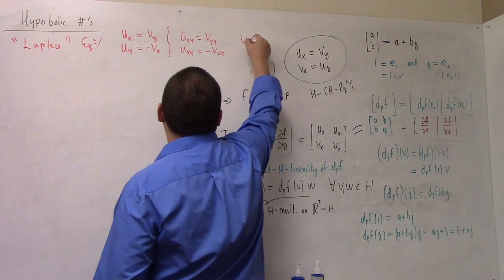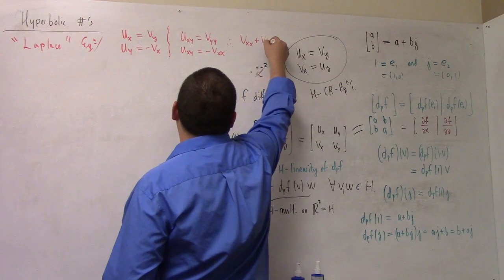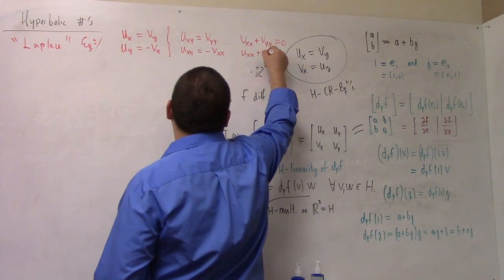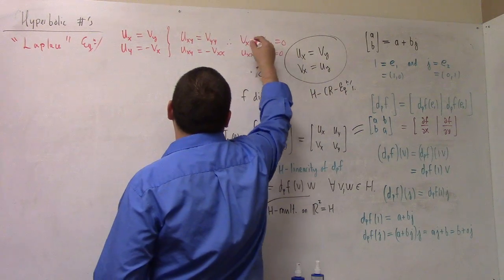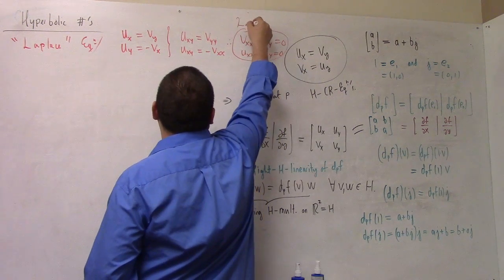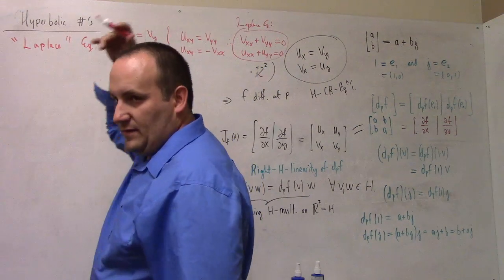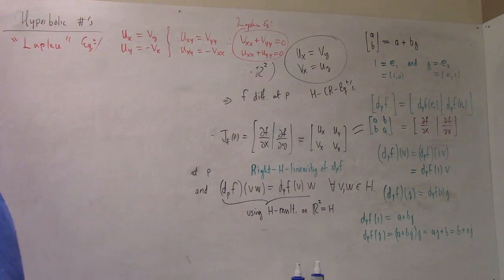So therefore vxx plus vyy equals 0, and likewise uxx plus uyy, you can work this out. I haven't shown the second one. But these are Laplace equations, right? So for a complex differentiable function, the real and imaginary components, the u and the v, separately solve Laplace's equation.